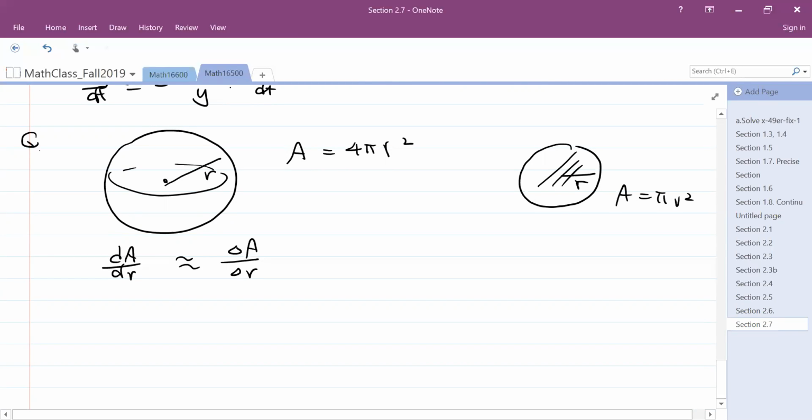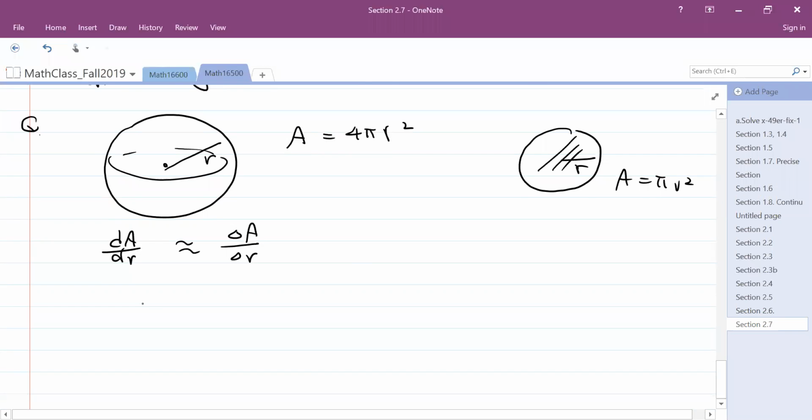Now, according to the above formula, it's simple. This is just 4 pi times 2r, the derivative of A with respect to r. So that is going to be 8 pi r. What does that mean?